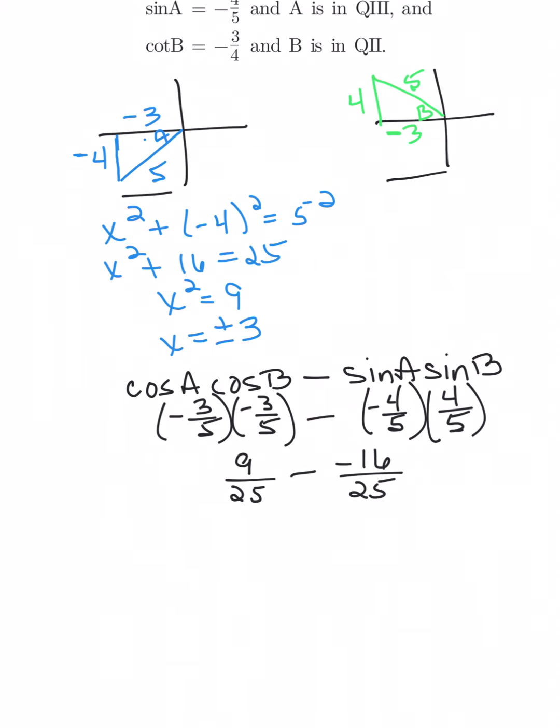Combine your terms. They are like denominators. So that's going to be 9 over 25 plus 16 over 25, which gives us 25 over 25. So our final answer is 1.